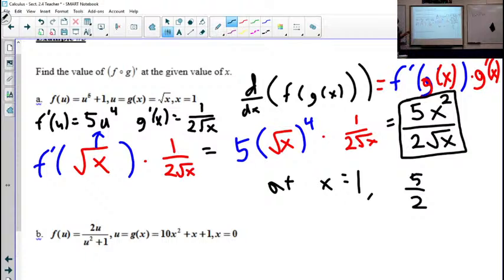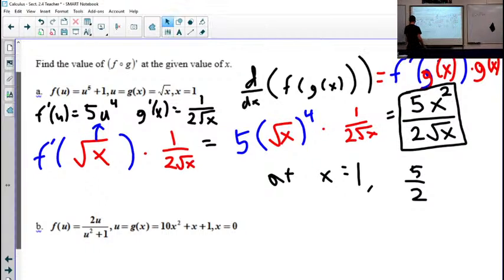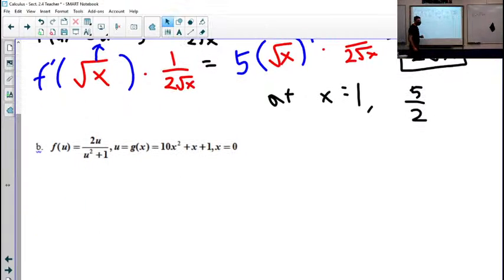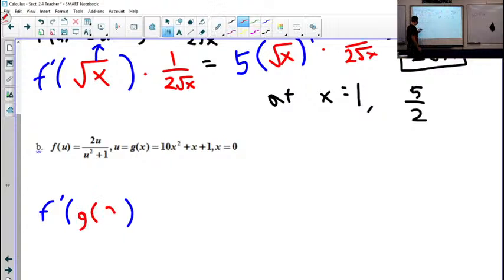So I wanted to do this in general, and then show you what the number would look like. You can also do this just with the number. So at x equals 0, that would involve doing f prime of g of 0 times g prime of 0.